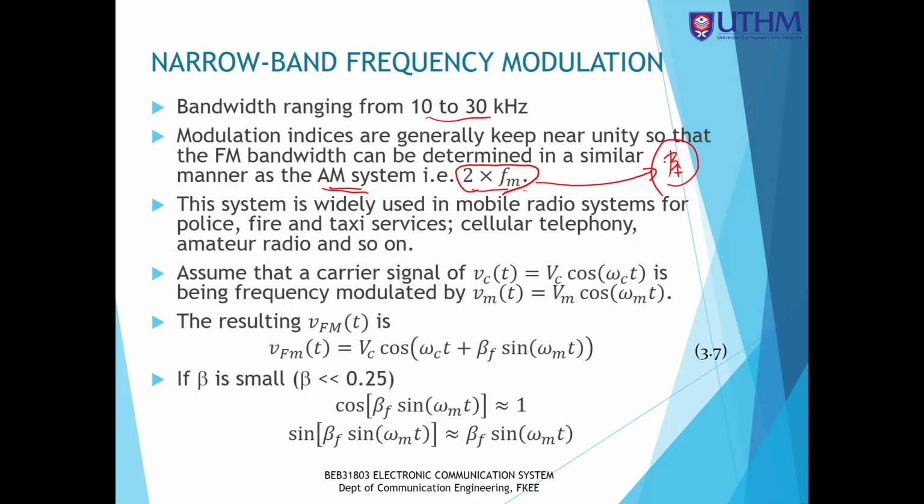This beta F must be small enough so that the bandwidth can be calculated as 2 times the modulating signal frequency. This narrowband system is widely used for mobile radio systems for the police, fire and taxi services.